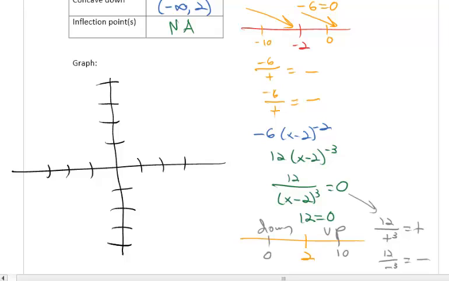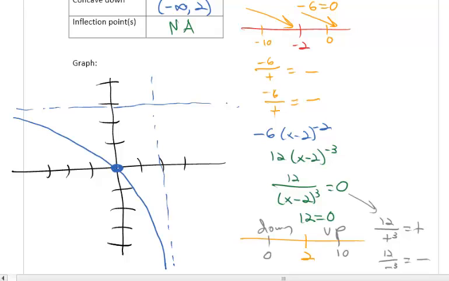We said there was a vertical asymptote at 2. We said there was a horizontal asymptote at 3. We said there was a y-intercept at 0, and it's decreasing concave down. The other half is decreasing concave up. And we have our graph.